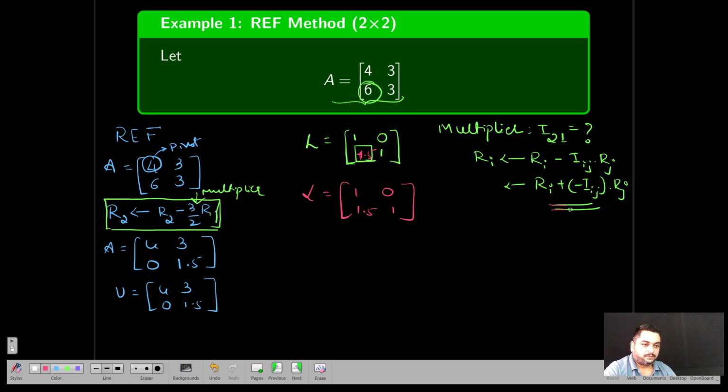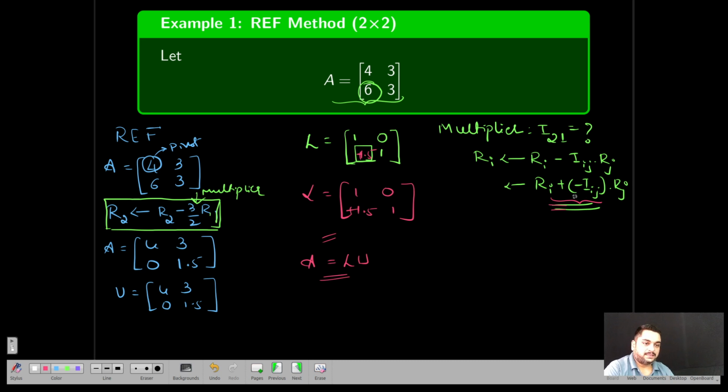If you want to use the formula, you apply this. Or what you do is, whatever is there here, minus 1.5, right? So write it as plus 1.5, only change the sign. So first you write minus 3 by 2 and then change the sign. Both are the same. So 1, 0, plus 1.5 and 1. This is my lower triangular matrix. If I multiply this, I will get A. So only be careful about this sign.